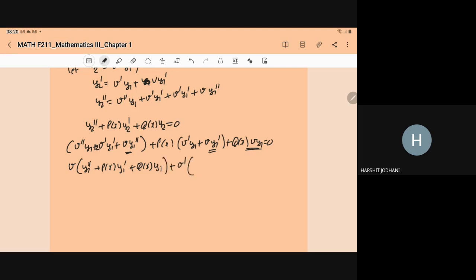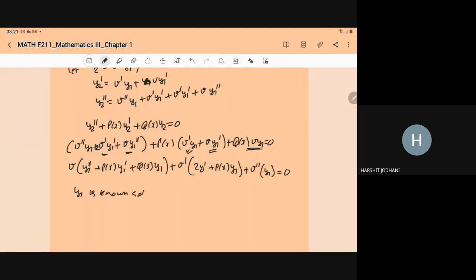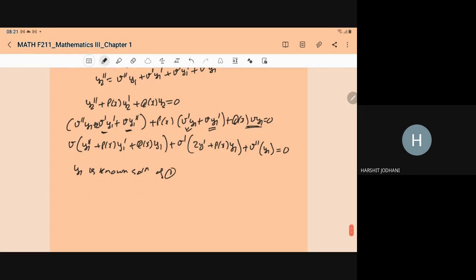If we collect the coefficient of v dash, it will become 2y1 dash plus p(x) y1, plus v double dash y1. Now y1 is a known solution of the first equation, so what will be the value of the v coefficient? Its value will be 0, right?